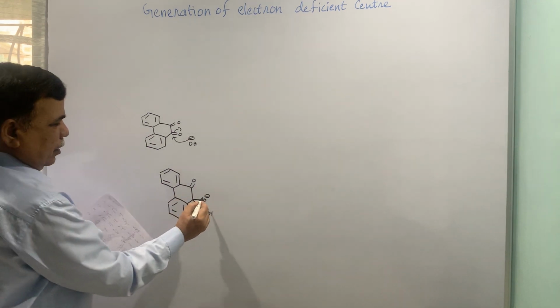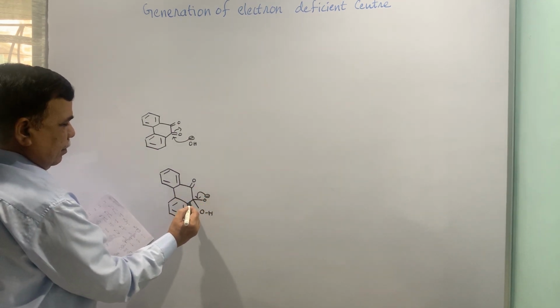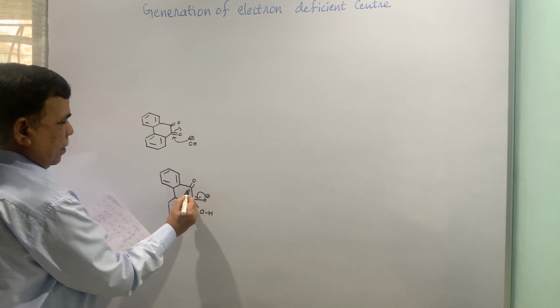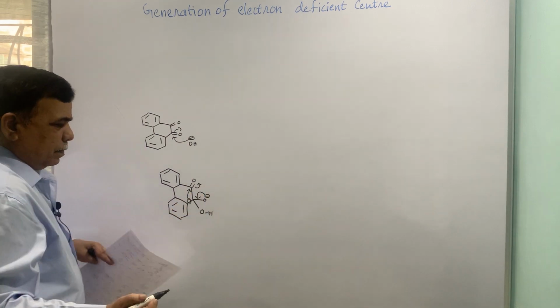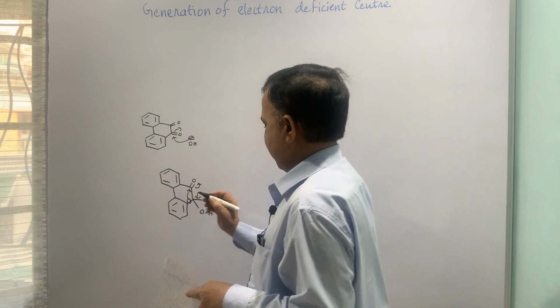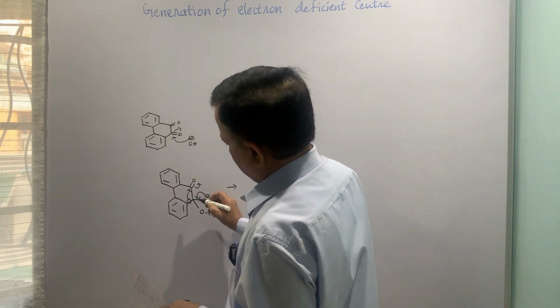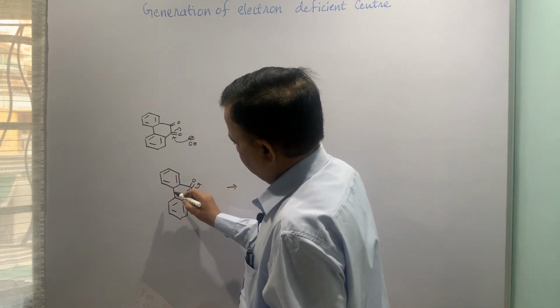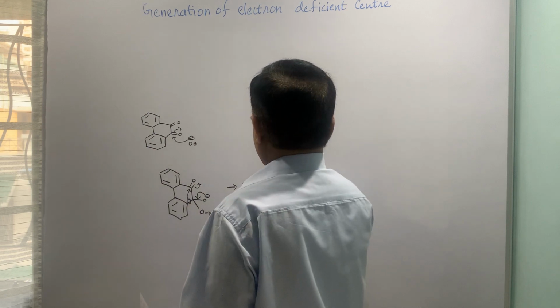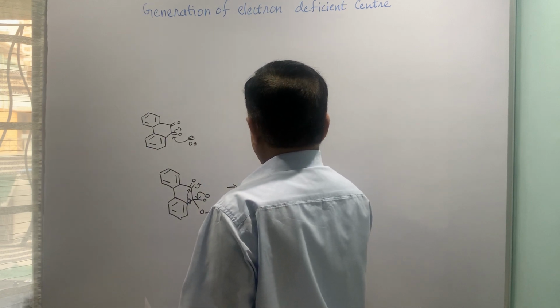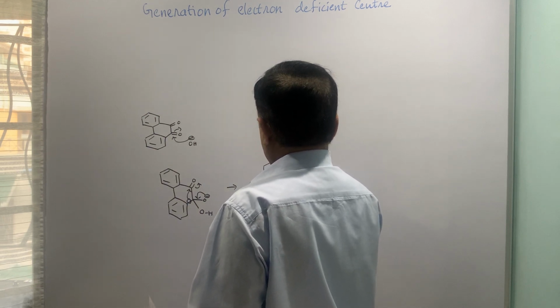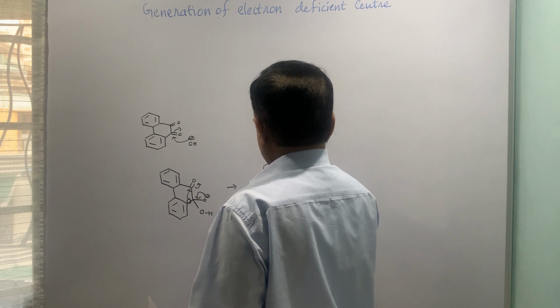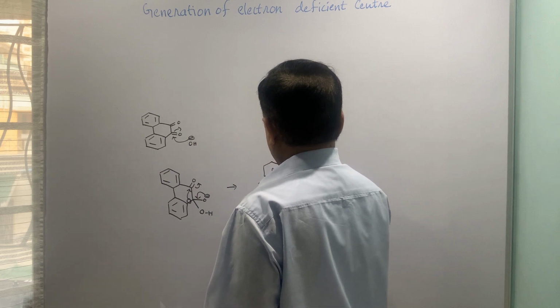Okay, this comes back. So ring contraction occurs, 1, 2, 3, 4, 5. So these 2 rings are intact because the aromatic rings are not taking part in the reaction.